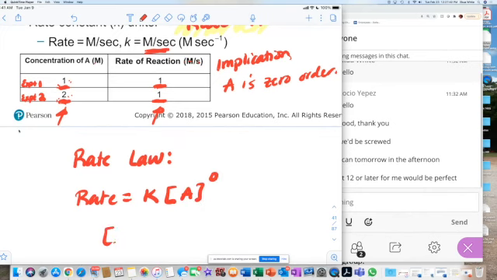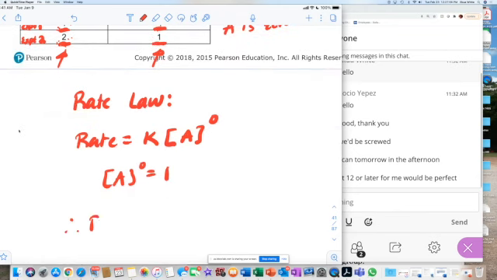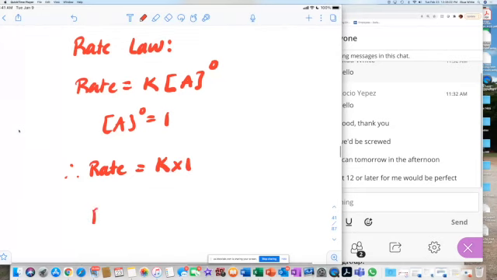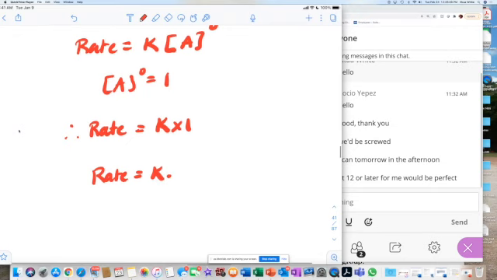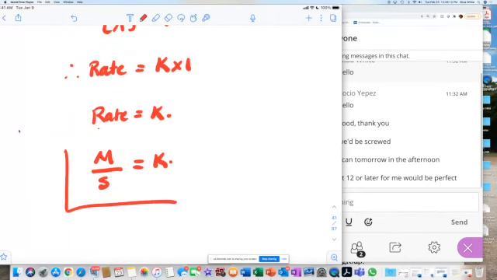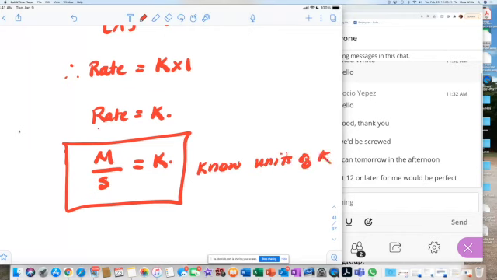So A to the power 0 equals 1. Therefore, rate equals K times 1, rate equals K. The unit for rate is usually M per second because it's changing concentration over second. Therefore, this is the unit of K. So in this section, you need to know the units of K.